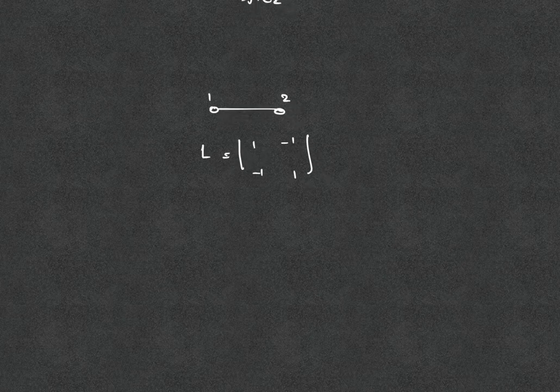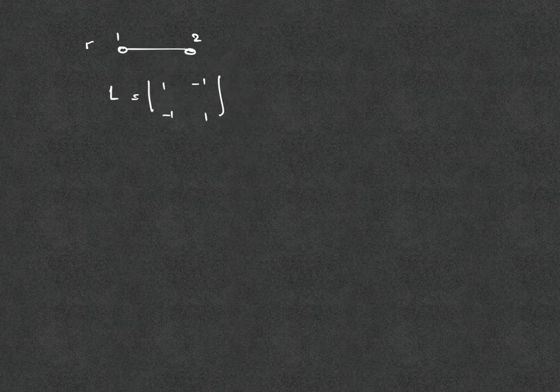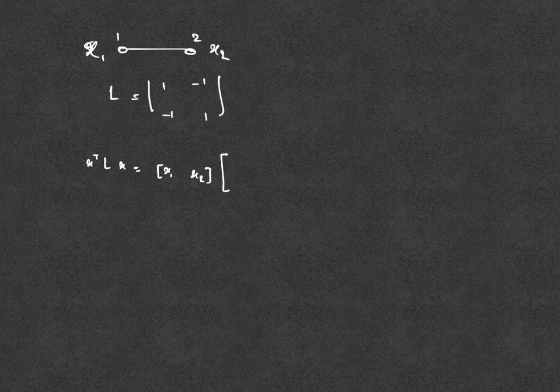Let's see an example of this. So you have node 1, you have node 2. The L is going to be 1, minus 1, minus 1, 1. And let's say you assign x1 to this and x2 to this. Now you can compute x transpose L x like this: x1, x2, times 1, minus 1, minus 1, 1, times x1, x2.